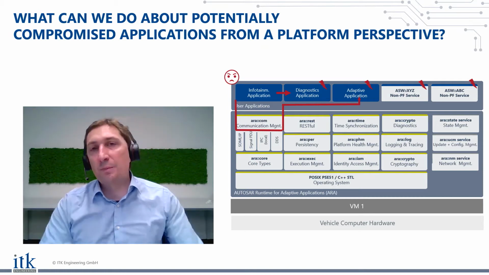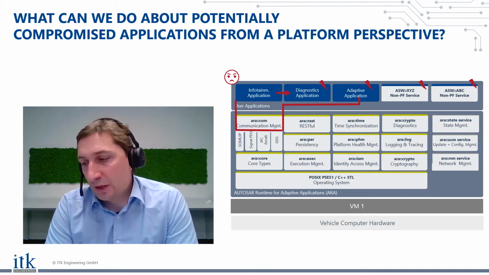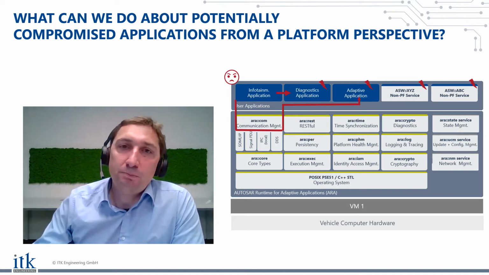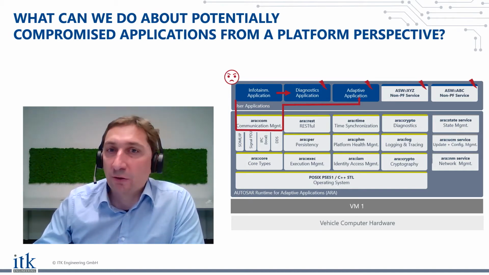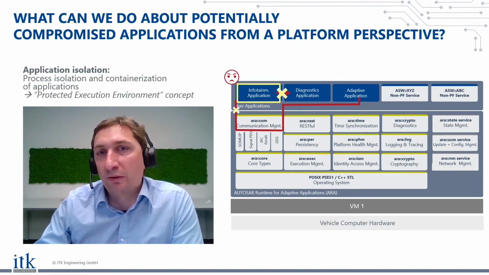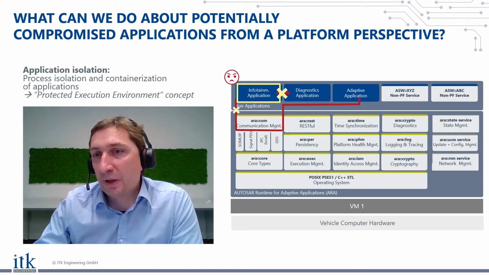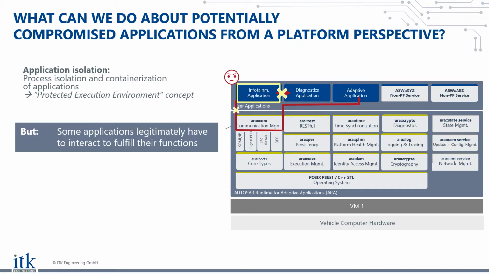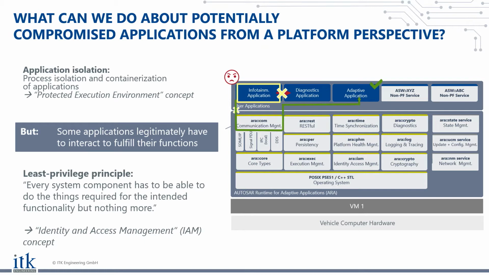So, coming back to our example with the infotainment application, you consider a hacker in your system, and of course you can simply isolate this application from other applications, but this is not the idea of adaptive AUTOSAR. Of course, you have some legitimate access, and this is what IAM gives you.